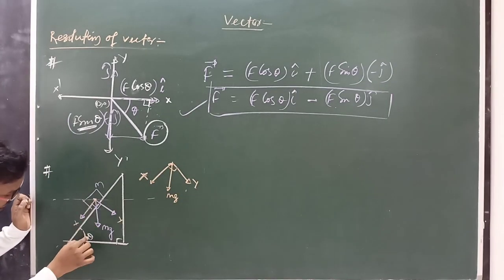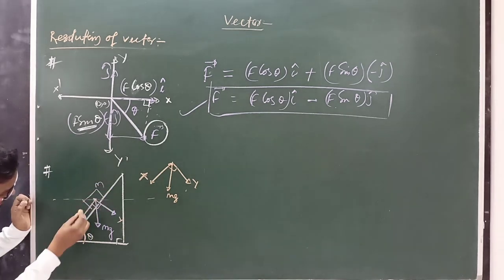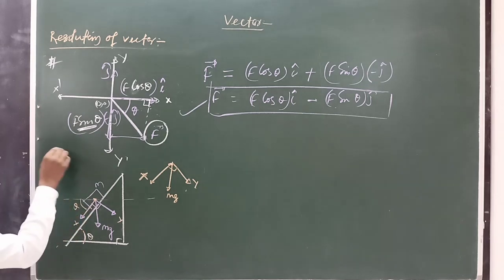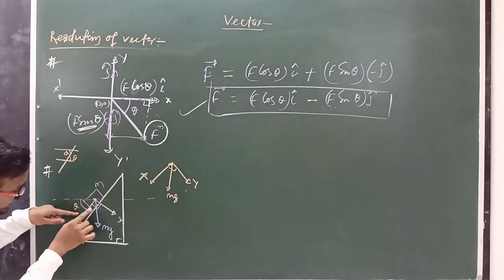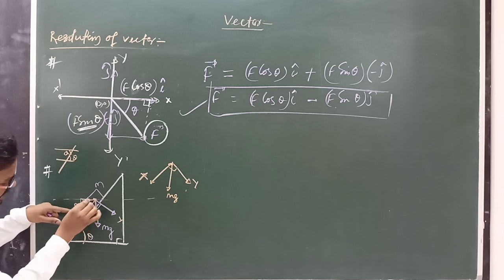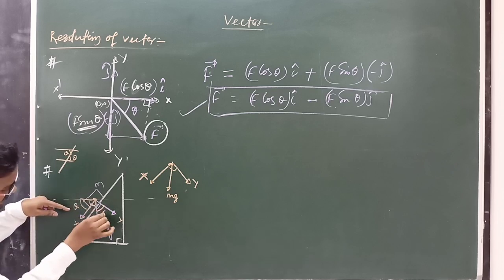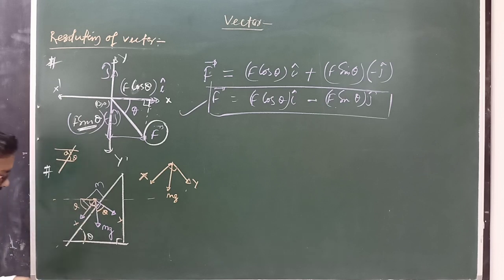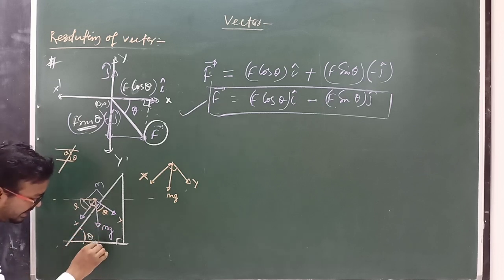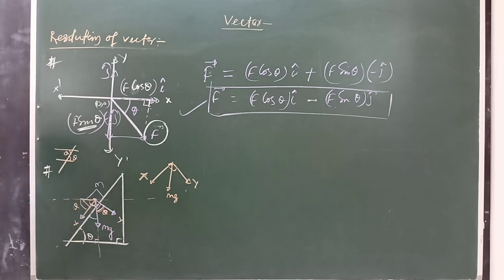If this angle is theta and this is the line of intersection, then this angle will be theta. Two lines and this angle theta, theta. So this angle theta and this angle 90 minus theta because the total angle here is 90. So this angle is 90 minus theta and this angle is also theta. Or simply, if you draw a line here, then this angle is 90, this angle 90 minus theta, so this angle is theta. Clear?